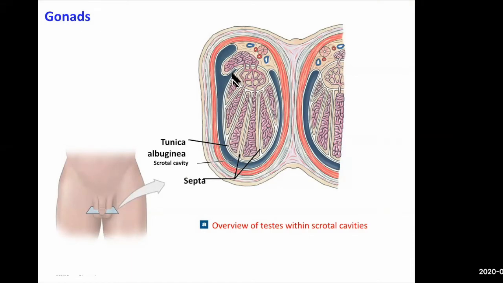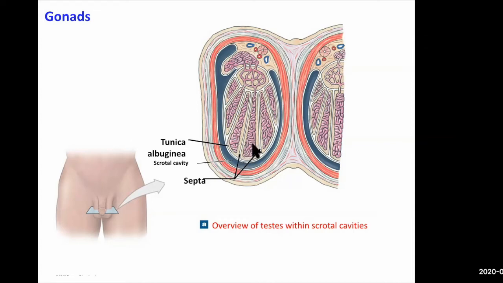And so the overall structure inside the scrotal cavity right here is the testes, covered by a tunica albuginea, a dense irregular connective tissue covering, although in this case the sperm is not going to bust out of that.